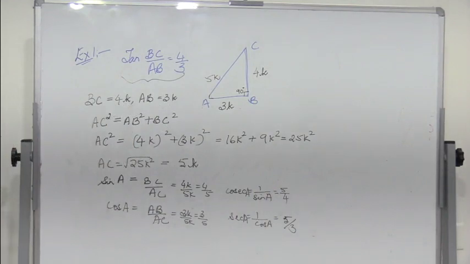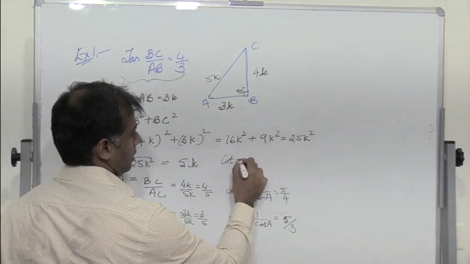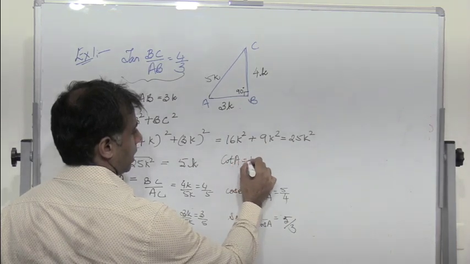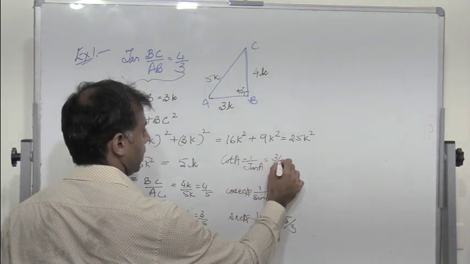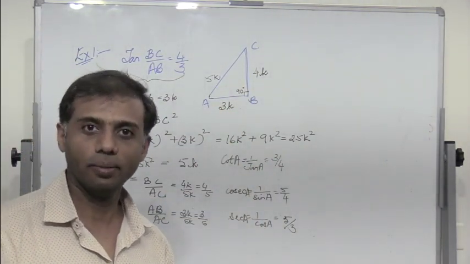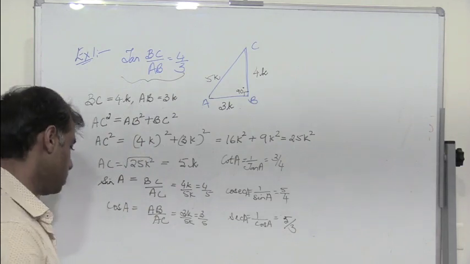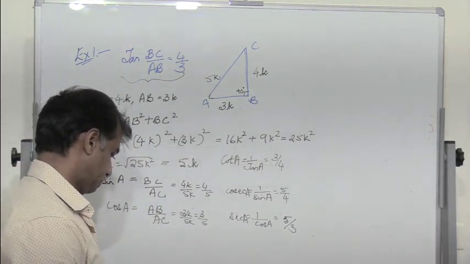And what is cot A? Cot A is the inverse of tan A, so cot A is 1 by tan A, which is equal to 3 by 4. So we have found all the trigonometric ratios. So this is the first example, which is very simple.